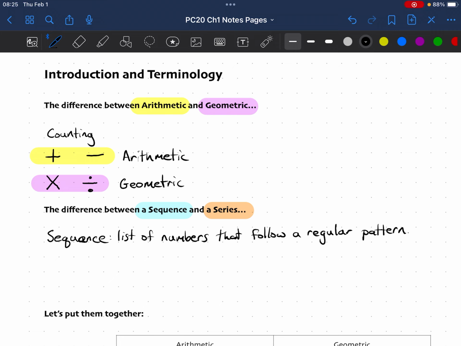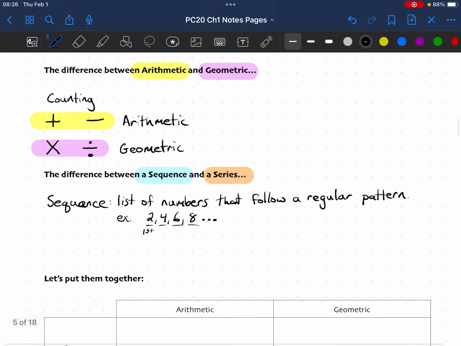So an example of a sequence might be 2, 4, 6, 8, ... The regular pattern is you're adding 2 each time. We call the 2 the first number. That's the first number.